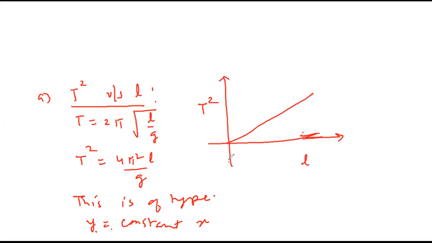There is one term called slope, equal to tan theta, opposite side T square upon L. You won't get a tough question on this, just try to understand the graph. T square is along y, so y is constant into x type means a straight line passing through origin.